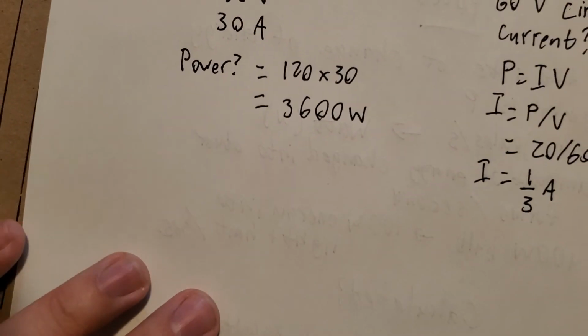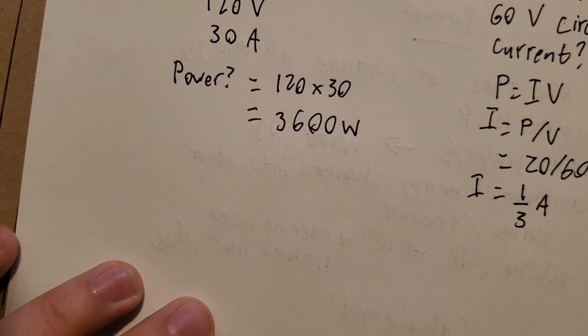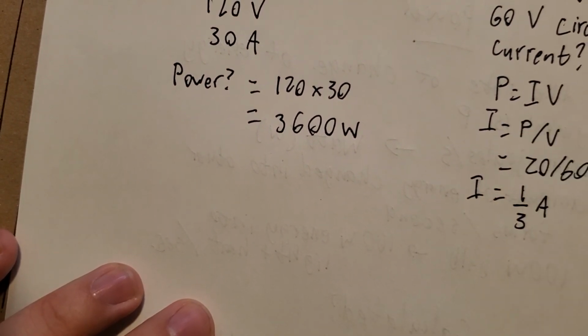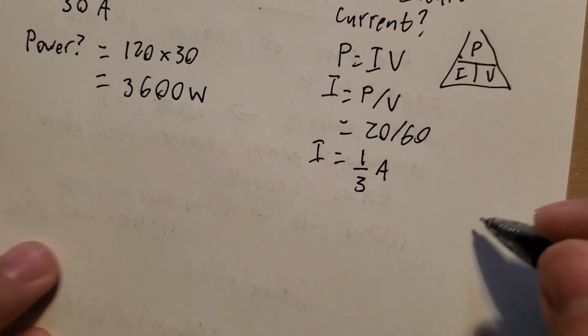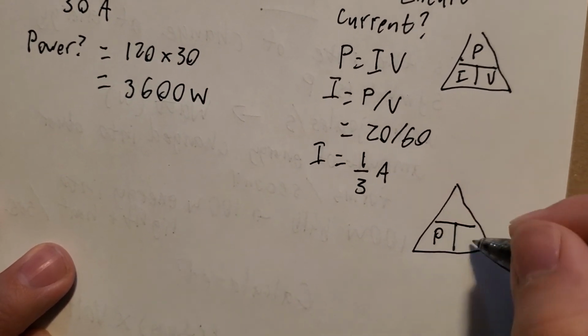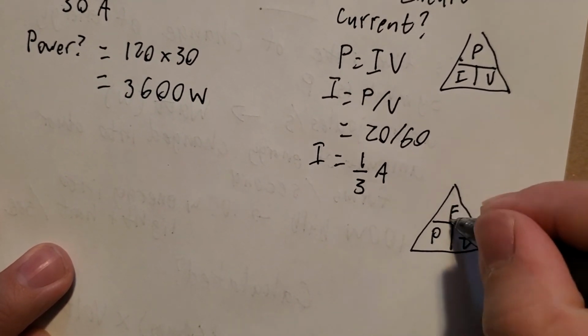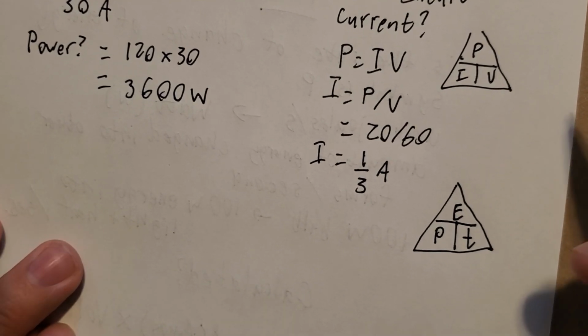And again, we can talk about the energy stuff too. These formulas are pretty straightforward, right? They're just like V equals IR, P equals IV, or P equals E over T, or you can rearrange that. We'll make the triangle for that one too. As long as you have those three triangles, everything's pretty straightforward.